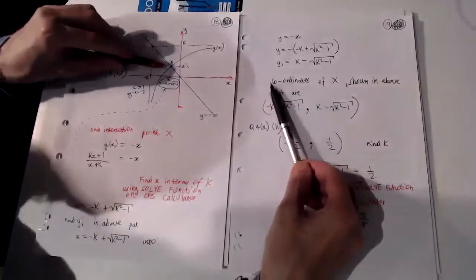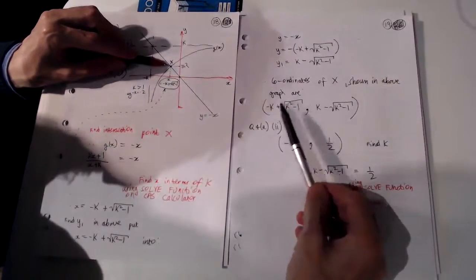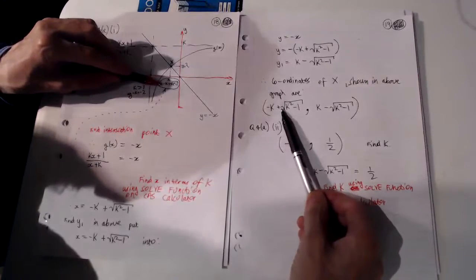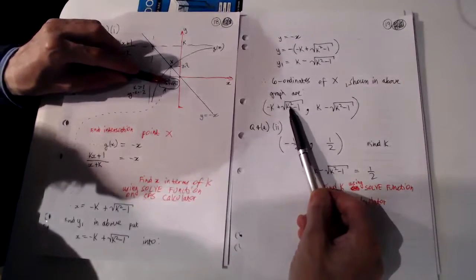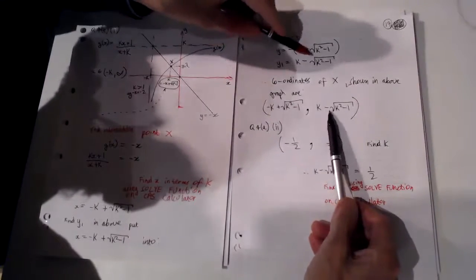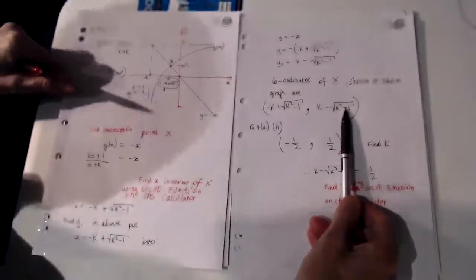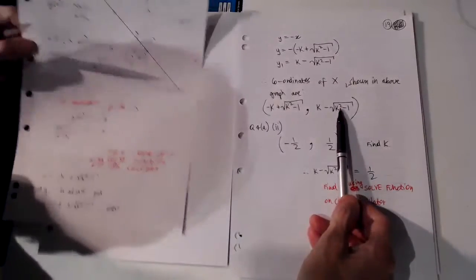So therefore, the coordinates of x shown in the above graph are negative k plus square root of k squared minus 1, comma, y on it is k minus square root of k squared minus 1. So question 4e part 1 has been done.